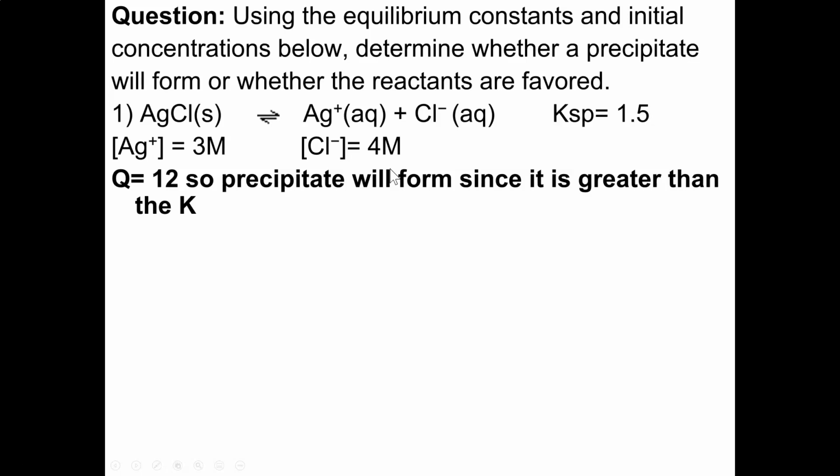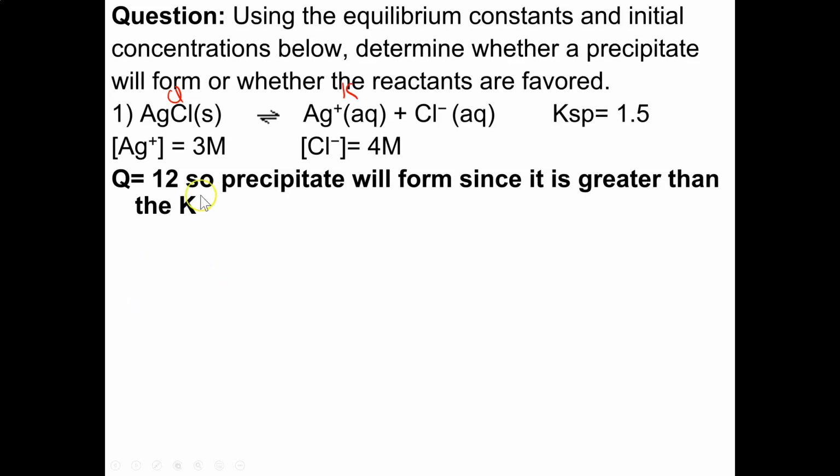That is bigger than your K. Remember, Q is reactants, K is products. If your Q is bigger, you favor reactant. What's on the reactant side? A solid. So if you favor a solid or favor a reactant in a KSP type question, which is a solubility product question, then you can assume that you're going to precipitate. That's how you would interpret it. If the K was bigger, then you would favor the products and there will be no precipitate. So when it's precipitation, you're really asking Q versus K. That's the end story for this.